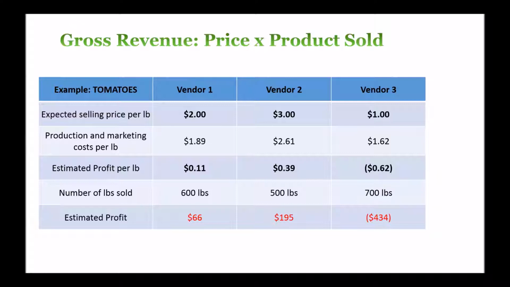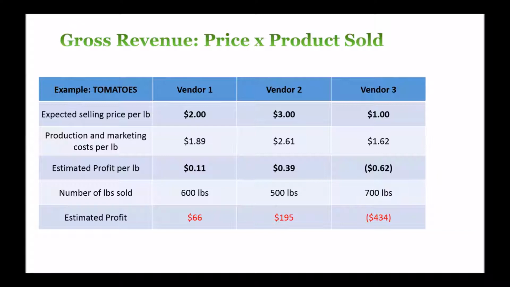For example, indeterminate varieties will result in greater yields but higher cost for trellising. We can assume, for example, that vendor 2 is selling heirloom tomatoes.